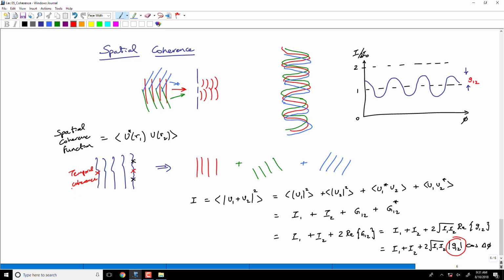The temporal coherence time is inversely proportional to the spectral width.